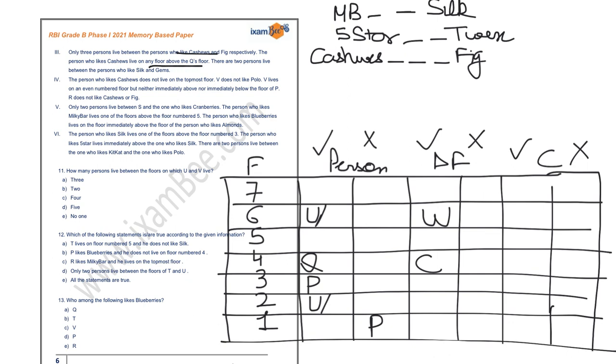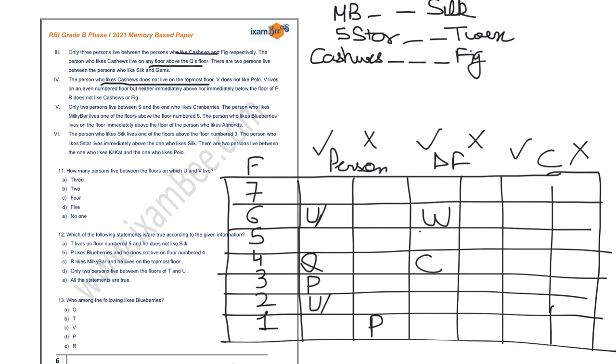So the person who likes cashew might live on 5th, 6th or 7th, but we are not sure. Similarly, it is given that the person who likes cashew does not live on the topmost floor. We know that they live above Q's floor but not at the topmost floor. So the only place for the person who likes cashew will be the 5th floor.